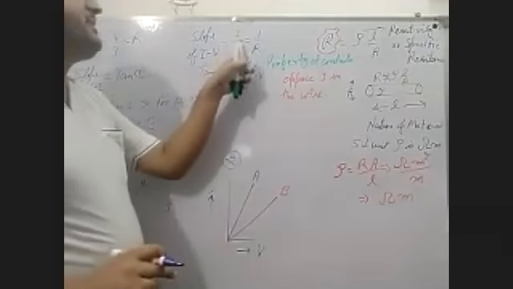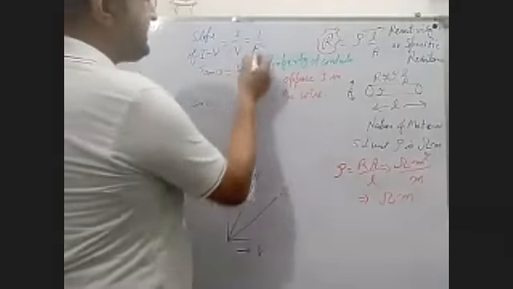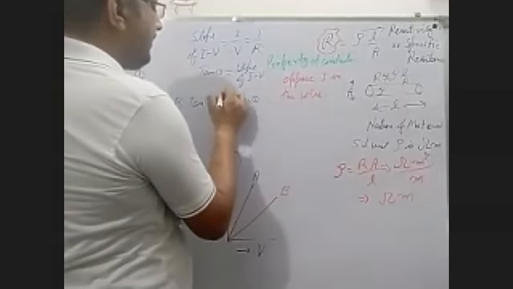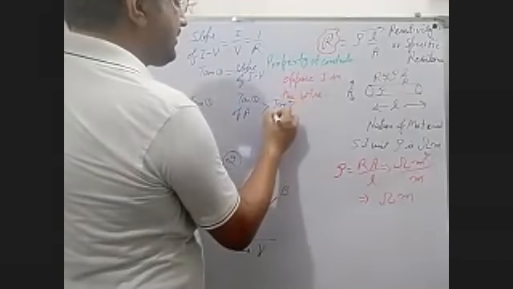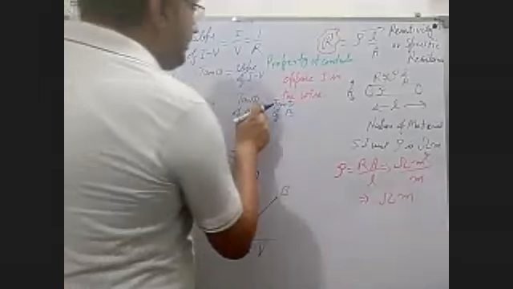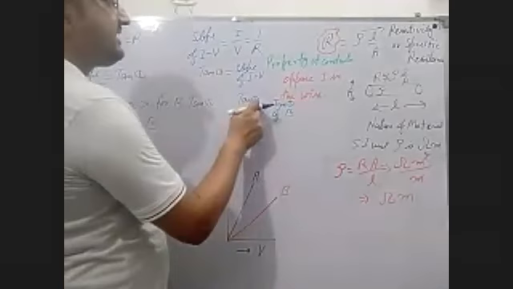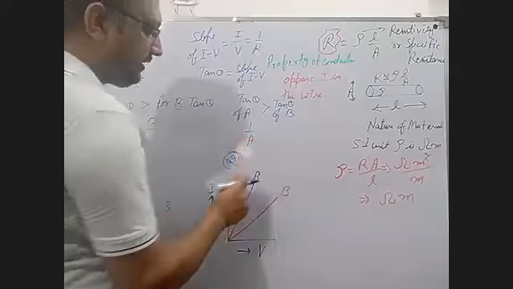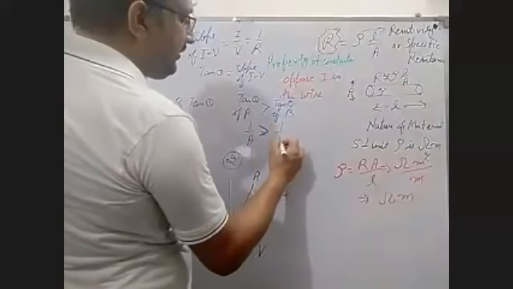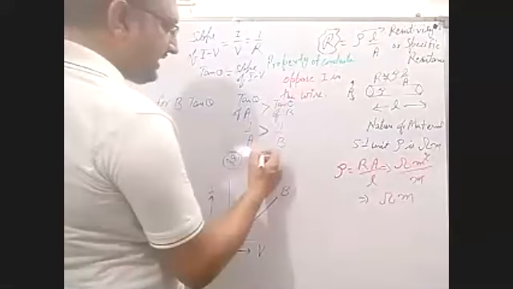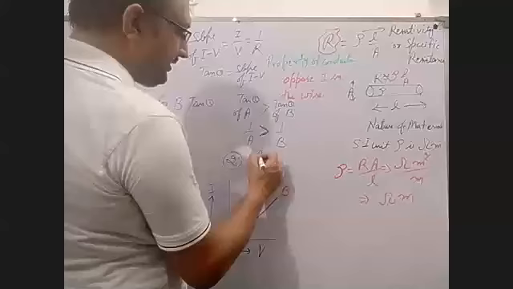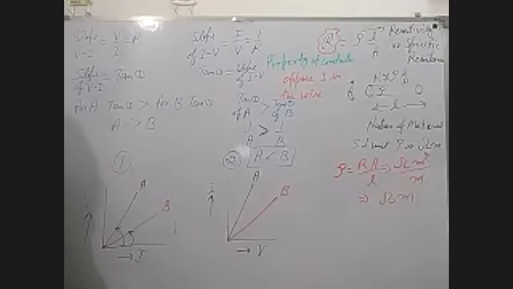IV means I upon V, 1 upon R. So in this case, if the tangent theta of A is greater than the tangent theta of B, okay, then 1 upon R of A is greater than 1 upon R of B. Now, if we take the reciprocal of this inequality, the inequality reverses. Now the resistance of A will be less than the resistance of B. This way you can determine the value of resistance.